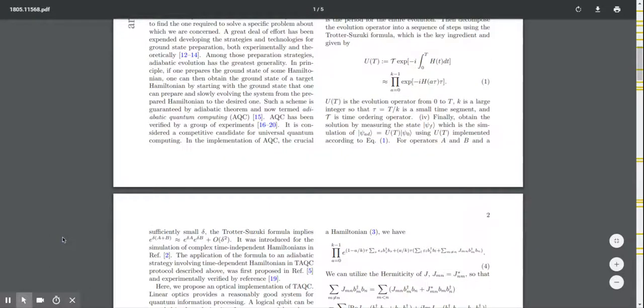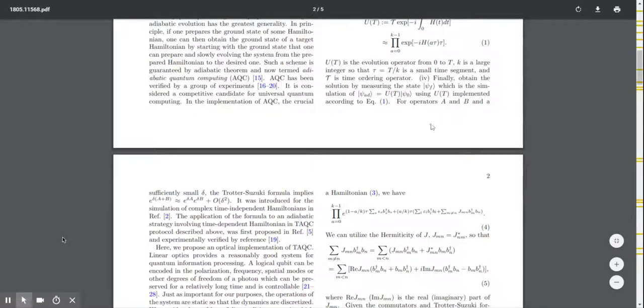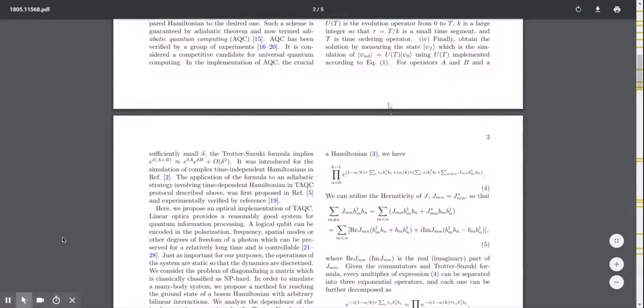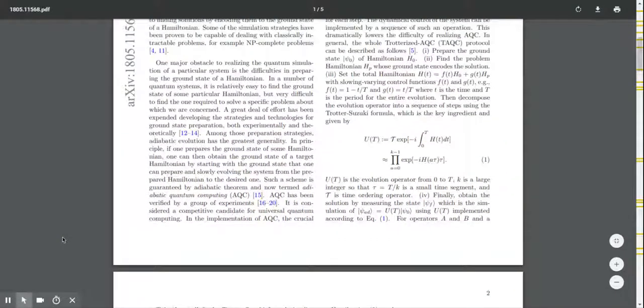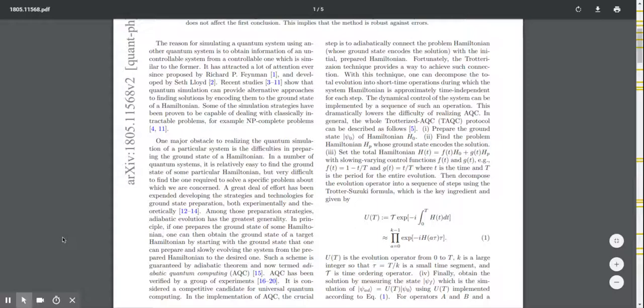Maybe I'm totally wrong, but it seems like what you're doing is: set the total Hamiltonian, prepare the ground state of a Hamiltonian H_0, find the problem Hamiltonian H_B whose ground state encodes the solution, whatever that means.